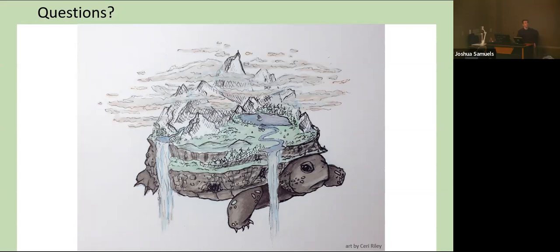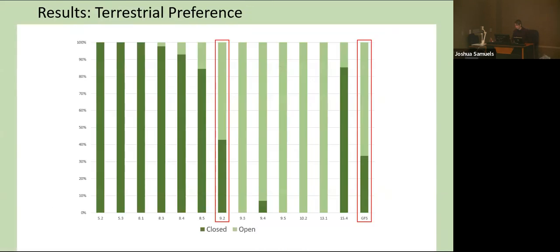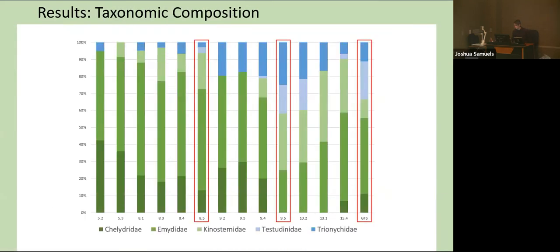That's a good question. So I talked to Josh and Blaine about this recently. I feel confident that this is probably reflecting a good portion of the turtle diversity, mainly because we are seeing a pretty good spread.